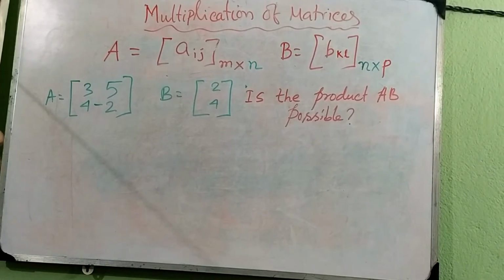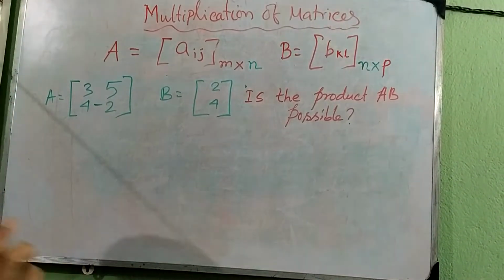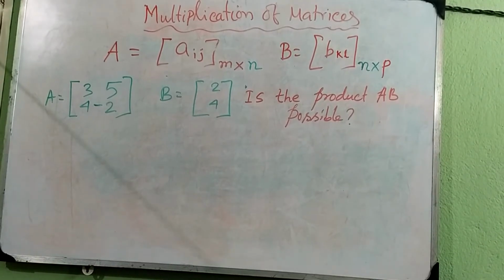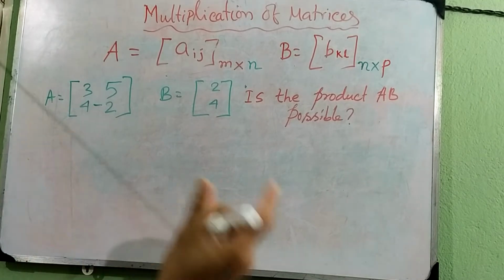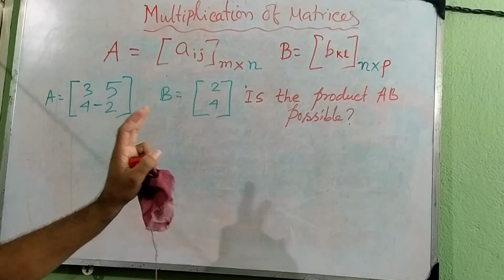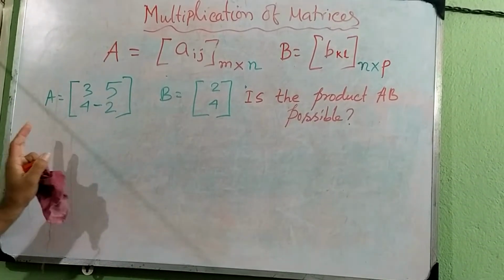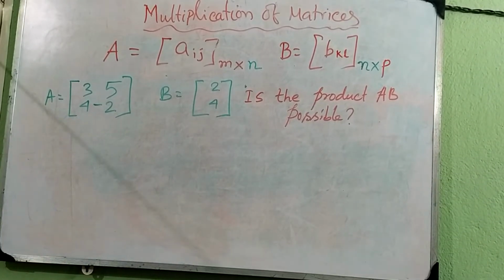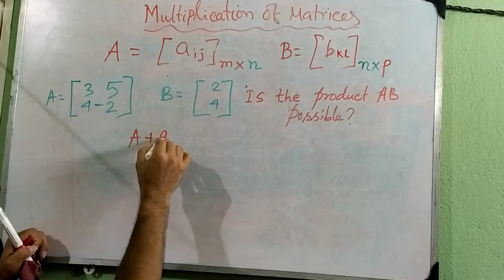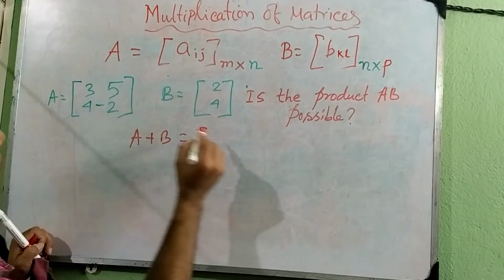Now see, we will multiply two matrices. First I taught you how to multiply one constant with one matrix. Now you learned addition also, no? If you add two matrices, you have to add the corresponding elements.